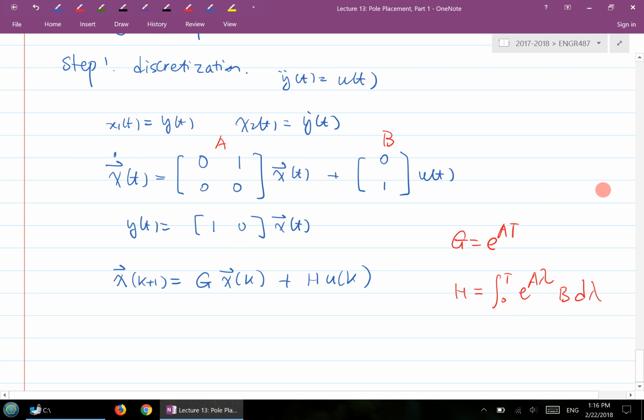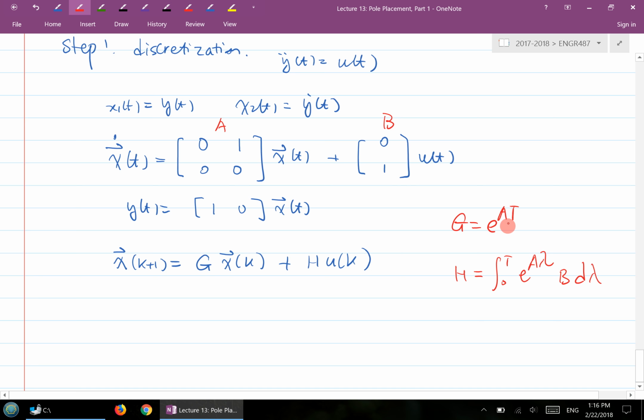So here are the formulas for discretization to get a discrete state space model. If you plug in the A matrix and the B matrix, we find that the G matrix is [1, T; 0, 1] and the H matrix is [T squared over 2; T]. Different sampling times will yield different G and H matrices.